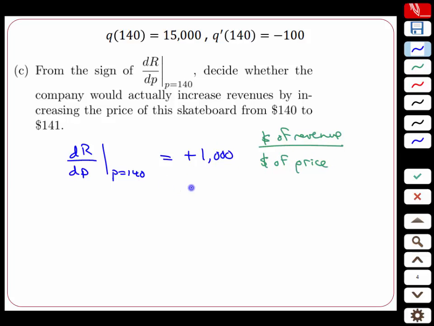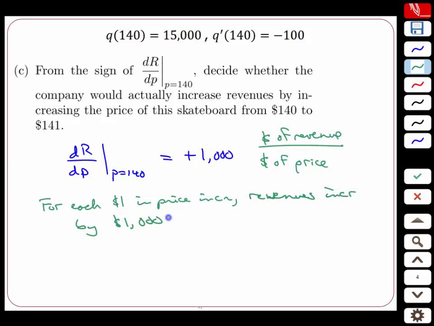That combination says that for each $1 increase in price, our revenues increase by $1,000. Around, here's the key element, around a P of $140 per unit, per board.